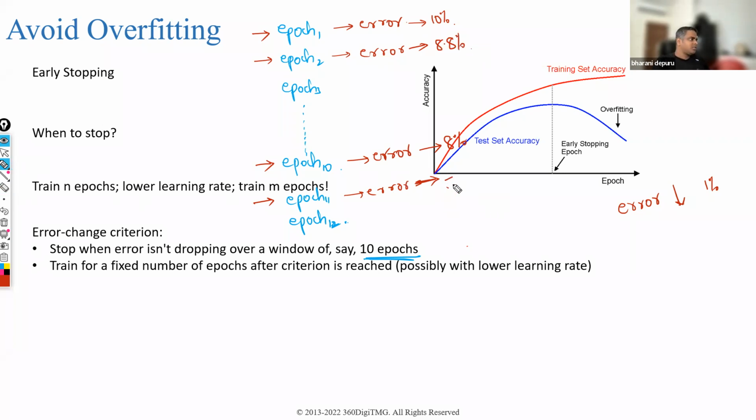And here, say it was 7.9%. What is the difference? There are 10 epochs in the window you are looking at. From the second epoch to the 11th epoch, there will be 10 epochs. From first to 10th, you'll have 10 epochs. From second to 11th, again 10 epochs. From 3rd to 12th, 10 epochs. So always the window will be 10 epochs.